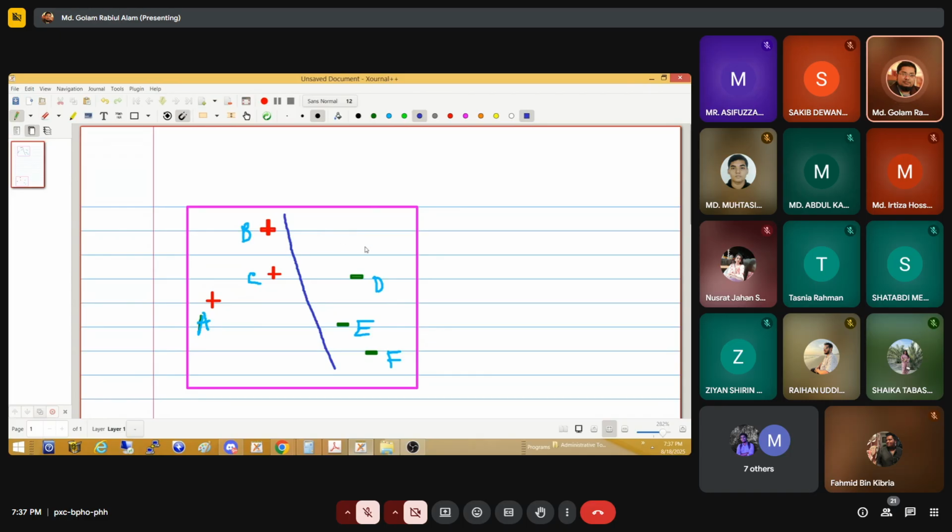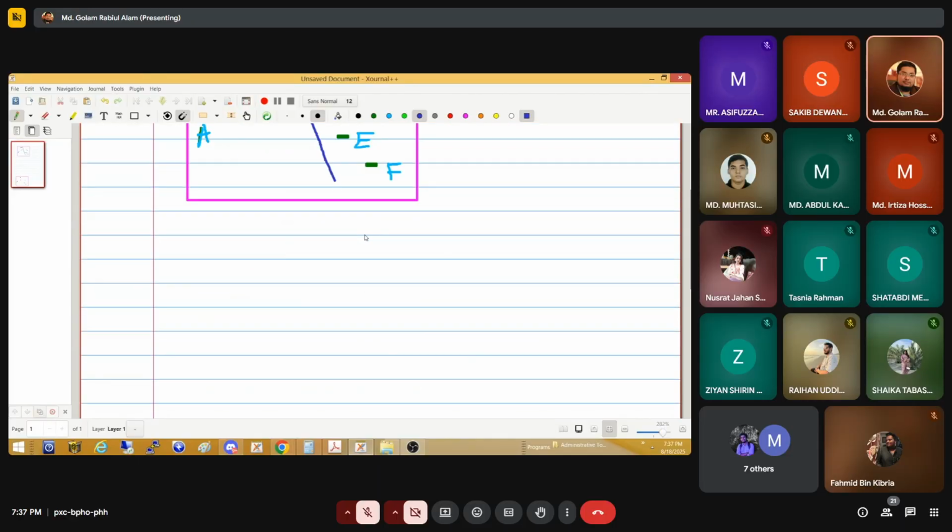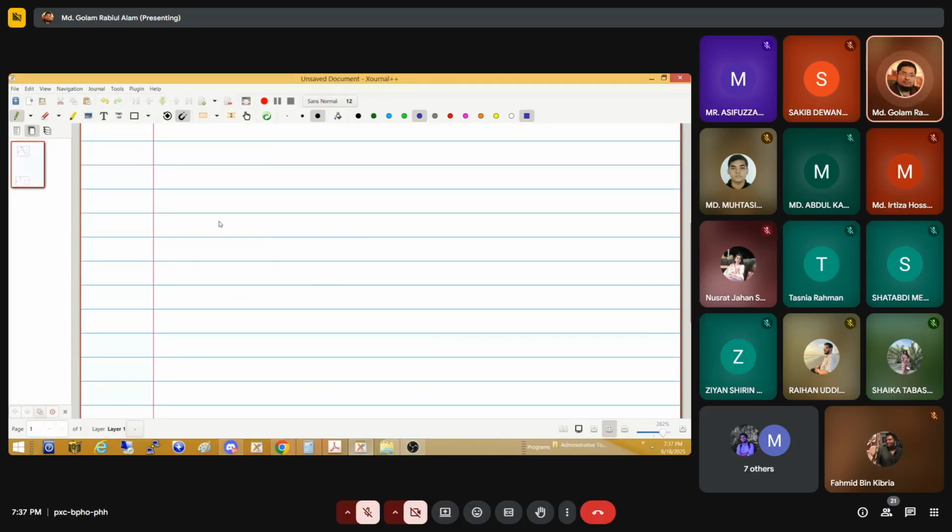Let's now consider the one-dimensional case. We have a data set that is one-dimensional instead of two, just one dimension.